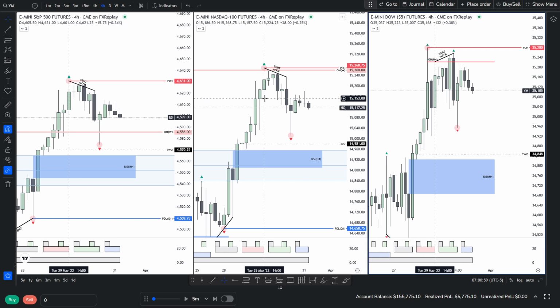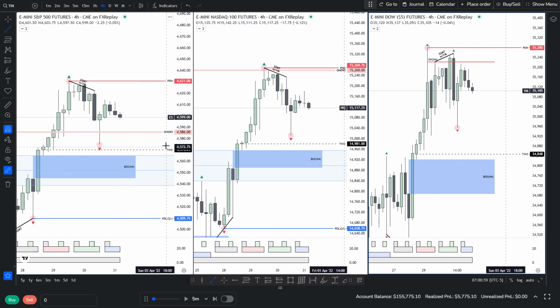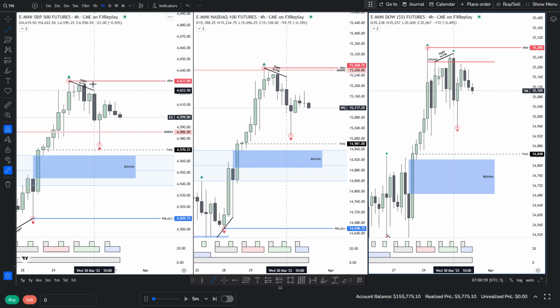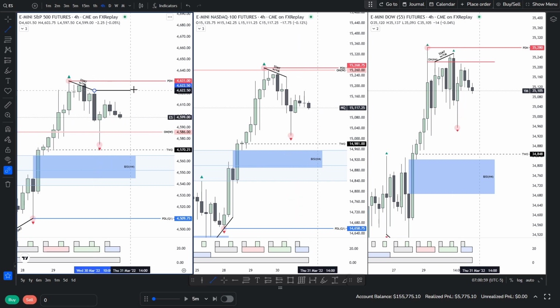Obviously, the Wednesday high was over here, which is fine. But that is a key liquidity. There's a liquidity pool nonetheless for us. There's actually a couple.